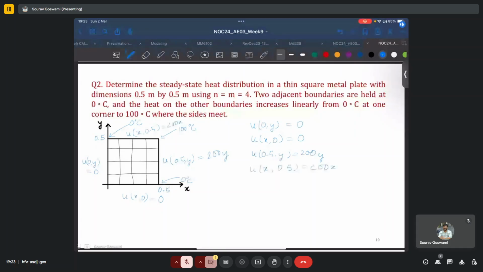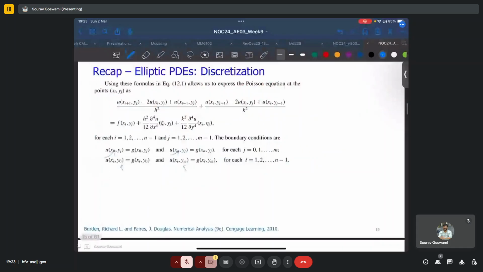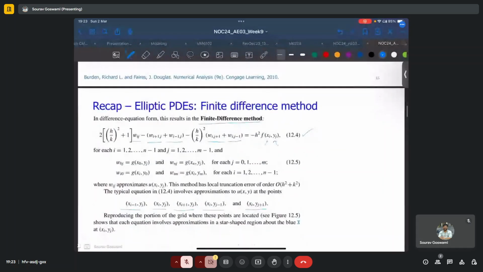And now we must make use of the equation given to us. I'm just reproducing it here.